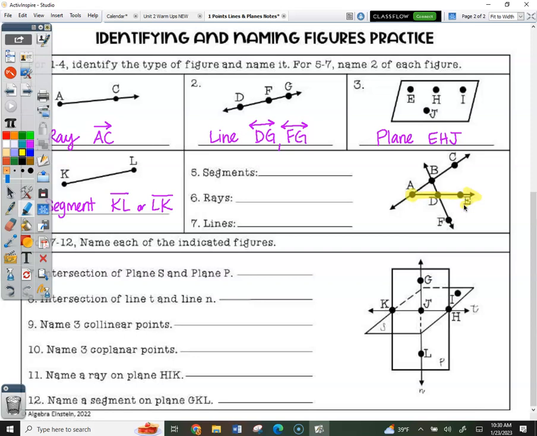Now, if you wanted someone's attention to start at a point and then pass through, then you could say even BF, but then draw the ray notation above it, and that would mean start at B and then direct your attention through F. So you can name a ray from a picture without a ray actually being there, as long as you put above it the notation for a ray. But in terms of the only actual ray in that picture, it would be AE. That is the true ray in the picture.